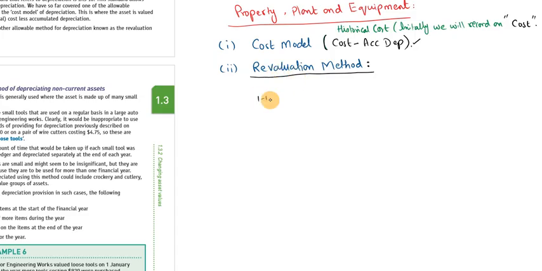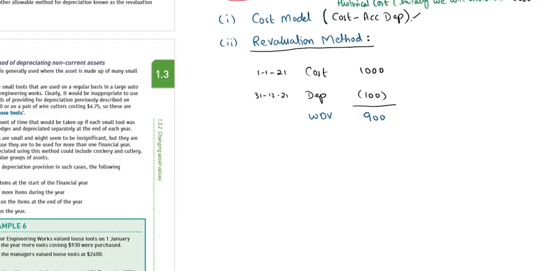For example, we purchase an asset on 1st Jan 2021. The cost of the asset is, for instance, $1,000. At the end of the year, 31st December 2021, we record depreciation of 100. What is the carrying amount, the WDV, at the end of the first year? That is 900.